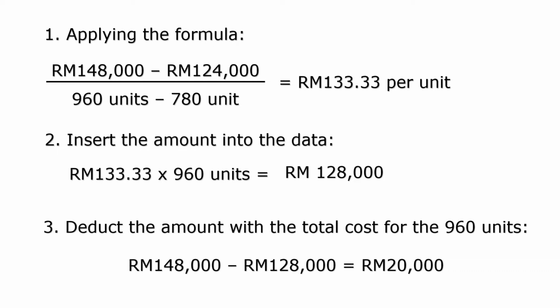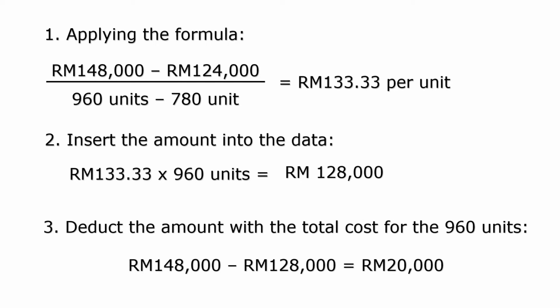So I repeat the formula. In order to determine the total fixed cost, all we need to do is take the total cost for the relevant units, the units in question, and minus the total variable cost that we have calculated in step 2.